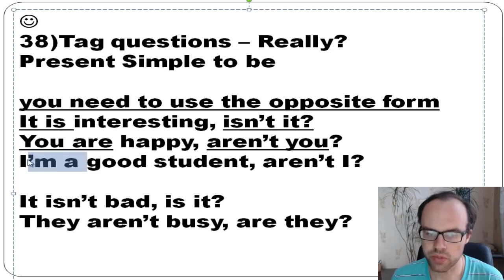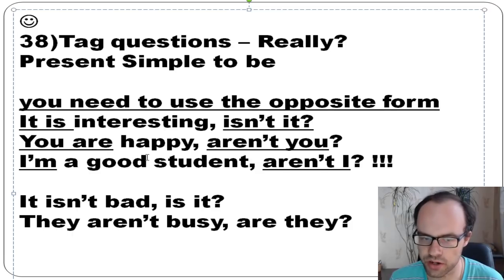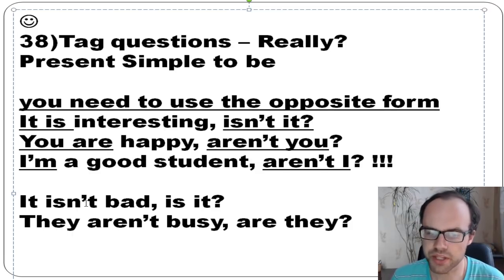I'm a good student. But please remember, if you have "I am," you ask "aren't I." You need to remember it. I'm a good student, aren't I? Well, you can have a negative form. It isn't bad. If you have a negative form, you use a positive form in tag questions.